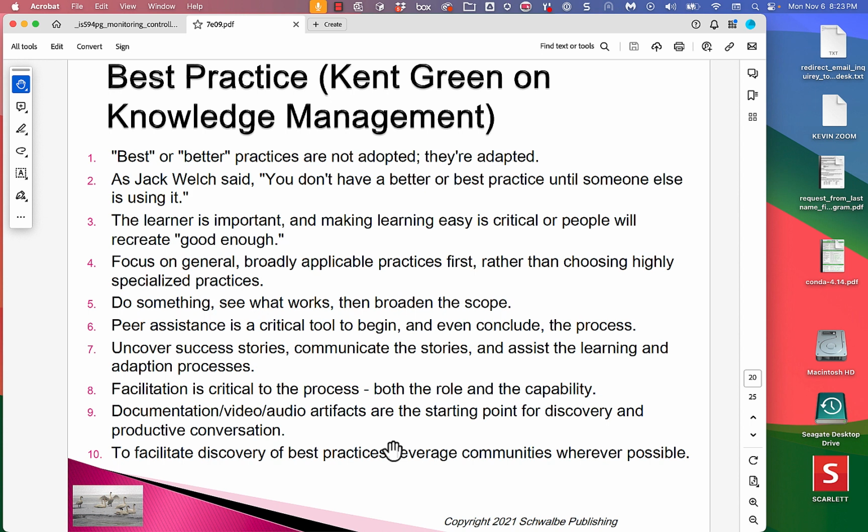So, a best practices list as given to us by Kent Green on knowledge management. Best or better practices are not adopted, they're adapted. Okay.